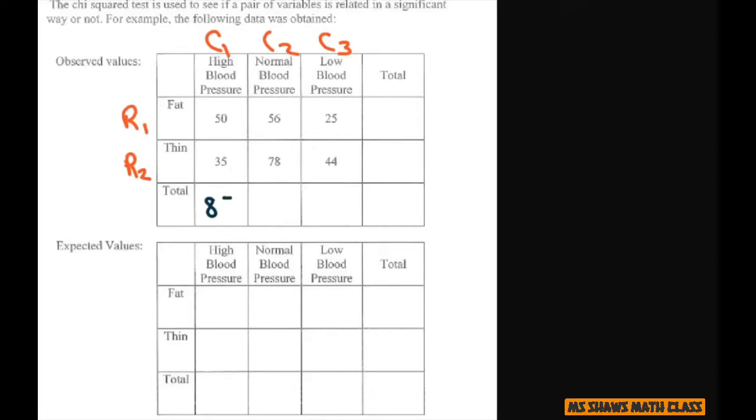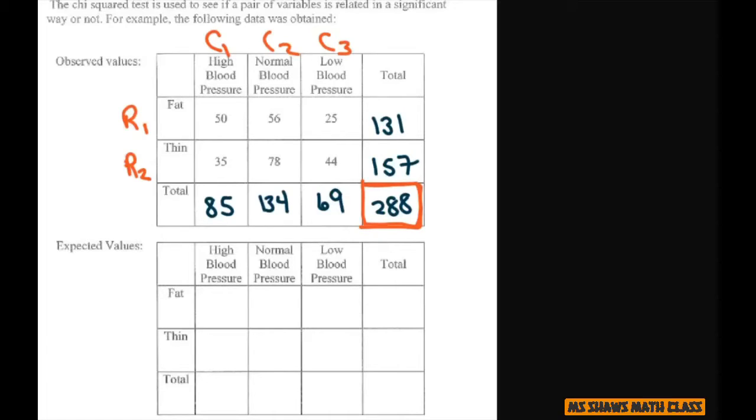If you go vertical, column 1, the total's 85, column 2 is 134, then 69, and if you go across, that would be 288. And now let's add our rows. That's 131 and 157. And when you add vertically and horizontally, you should get 288 if you did it right.